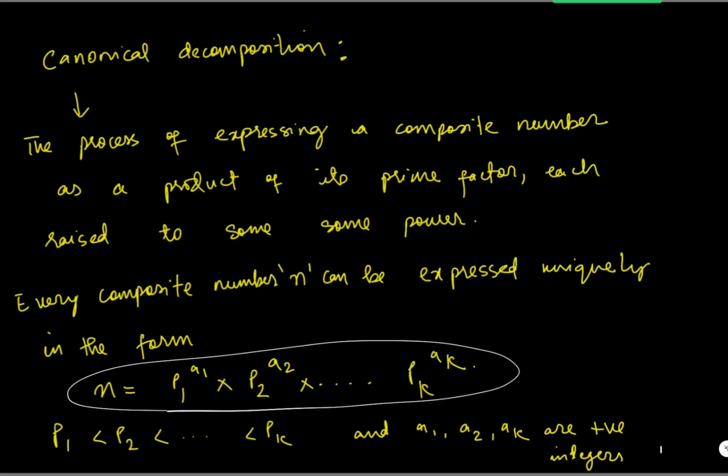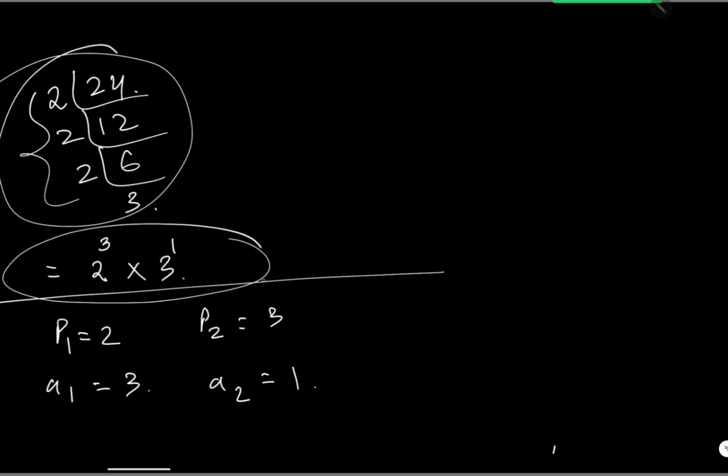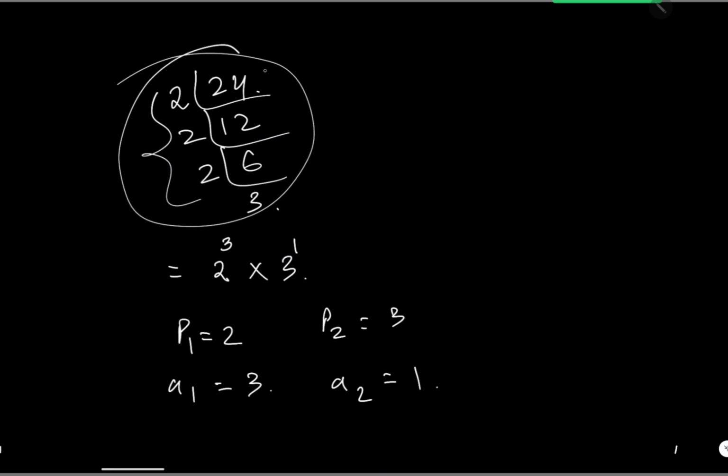And the condition that we have to keep in mind is that we have to express our distinct prime numbers in ascending order.